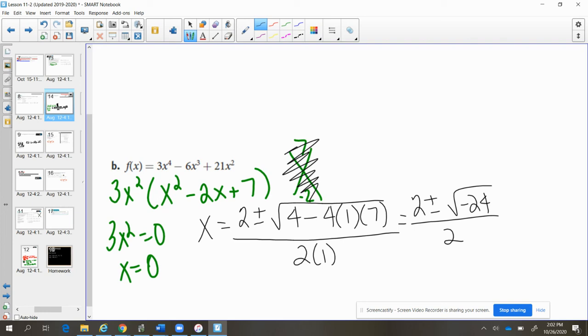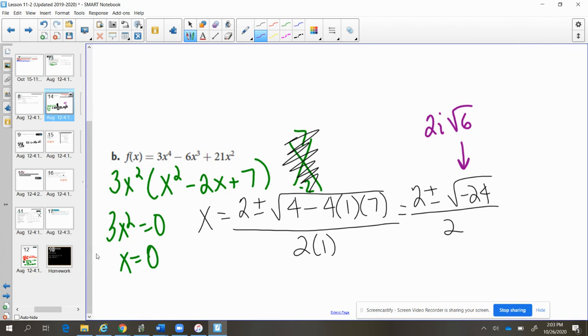And then we can simplify this to be 4 times 6, aka that perfect square of 4 will move out, and it becomes the square root of 4, which is just 2. And then because of that negative, this is officially an i. So from here, we're left with 2 plus or minus 2i square root 6 all over 2.